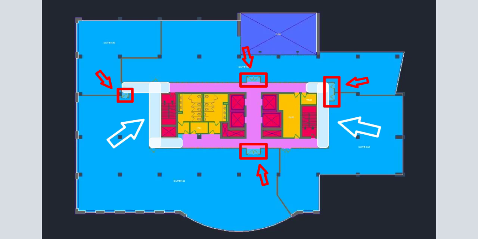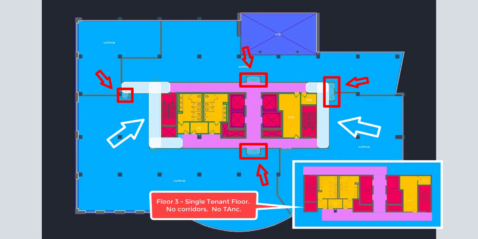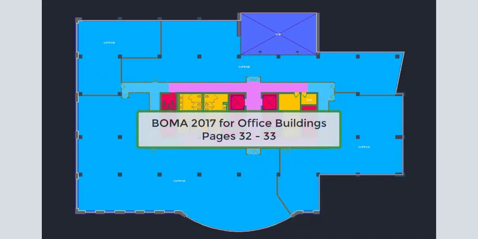Because these only occur in built corridors, tenant ancillary area is rarely seen at single tenant floors. More information on tenant ancillary areas can be found in BOMA 2017 for office buildings, pages 32 and 33.